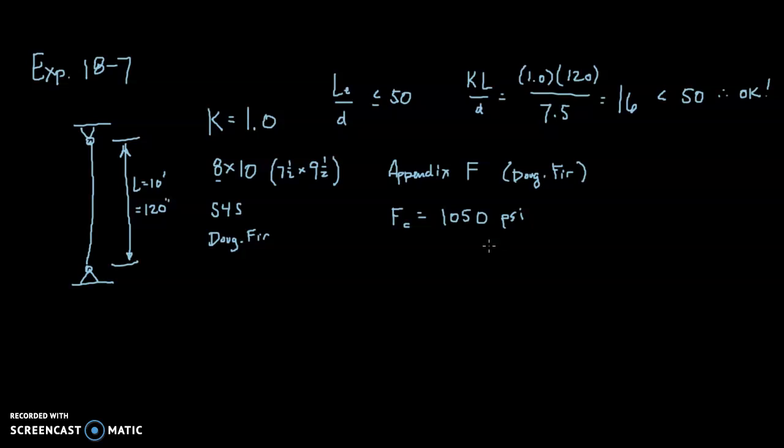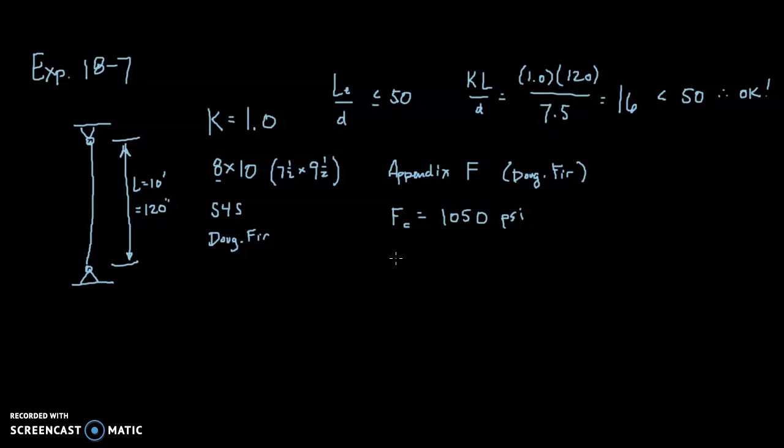Most of our stresses when we deal with steel are in KSI, and typically when we deal with wood, we are working with PSI. That's because timber is significantly less strong than steel. They have similar strength-to-weight ratios, but wood is a lot lighter weight, and it therefore carries lighter loads. So 1050 psi is the allowable stress parallel to the grain.